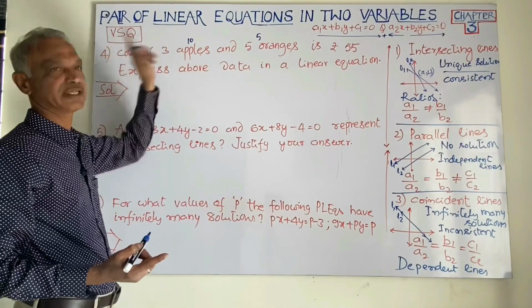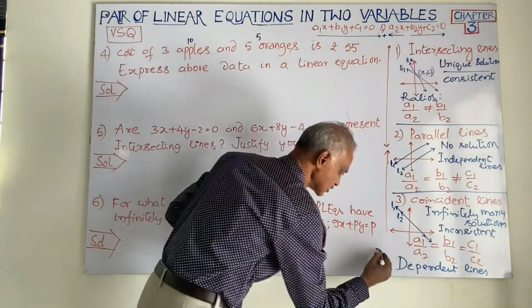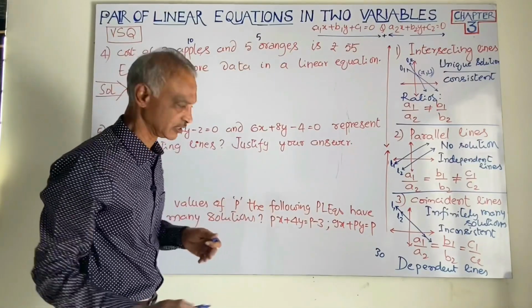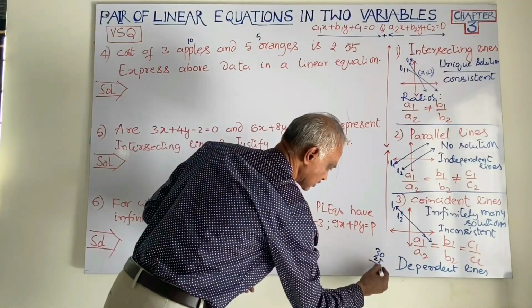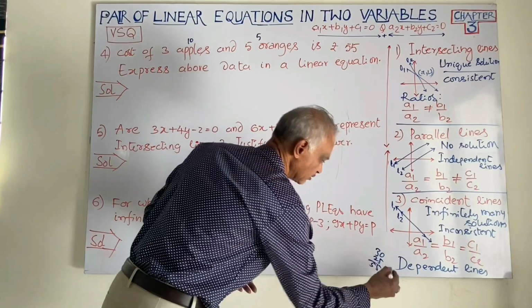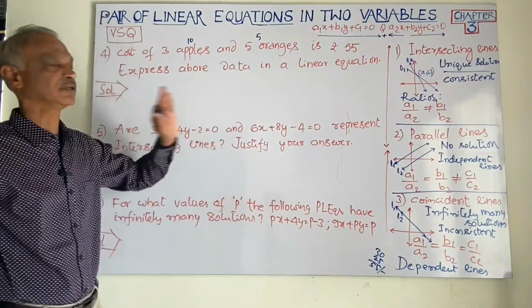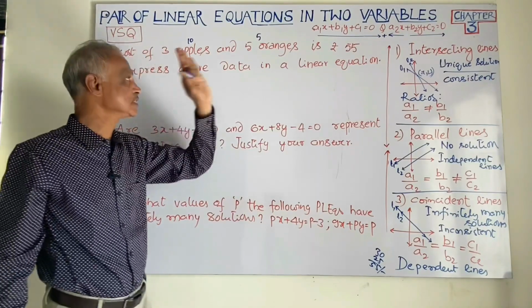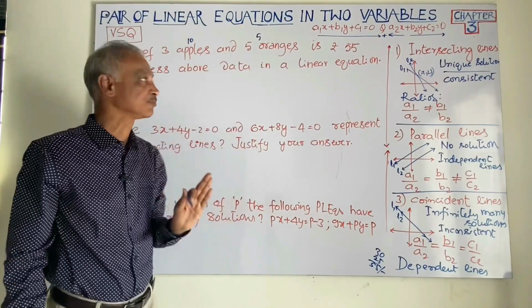3 apples cost 30 rupees, plus 5 oranges at 5 rupees each is 25 rupees. Suppose I tell you roughly that the total cost is 55 rupees, if each apple is 10 rupees and each orange is 5 rupees.